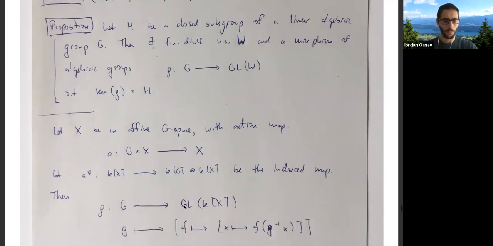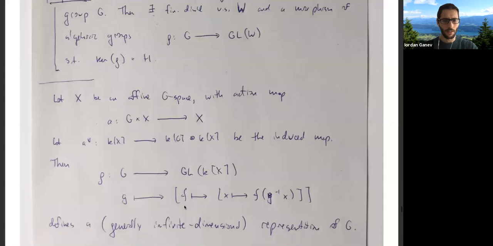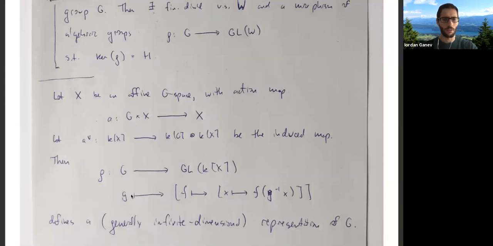But anyway, we have this map, and now there's an action of G on the affine algebra of X, and it's an infinite dimensional representation in general if X has positive dimension, and it's given by this formula here. So if we have g, then it maps to the linear map that takes a function f on X to the function where we first act by g inverse and then apply f.